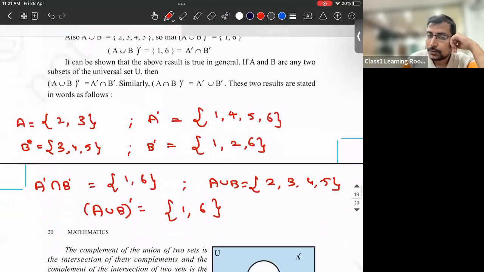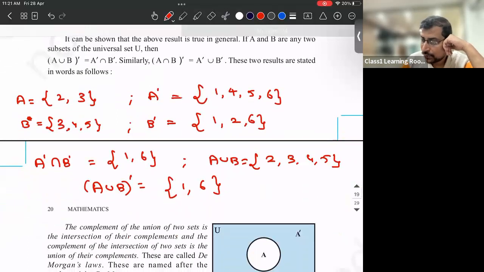That's it. So if you observe one thing here, A complement intersection B complement is exactly coming out to be the same as A union B, the whole complement. Makes sense.